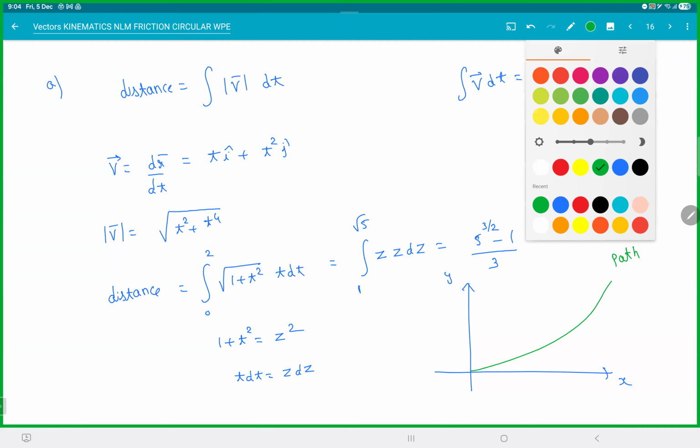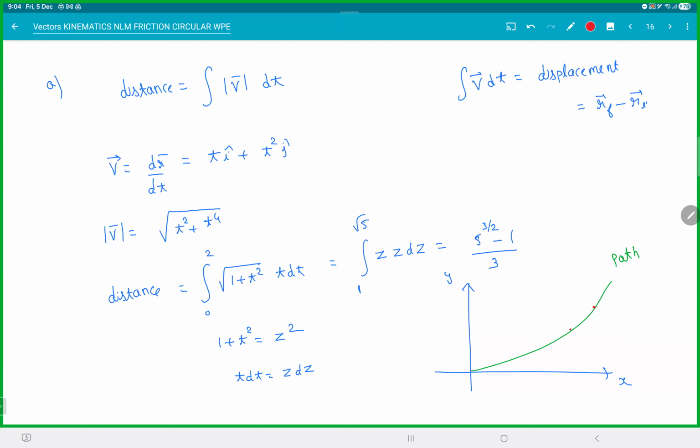So at t is equal to 2 seconds, you're somewhere here. If you just do initial and final, you're finding this dotted line. This is your displacement. I don't want that. You need distance, so you have to find the length of this curve. This is your distance.